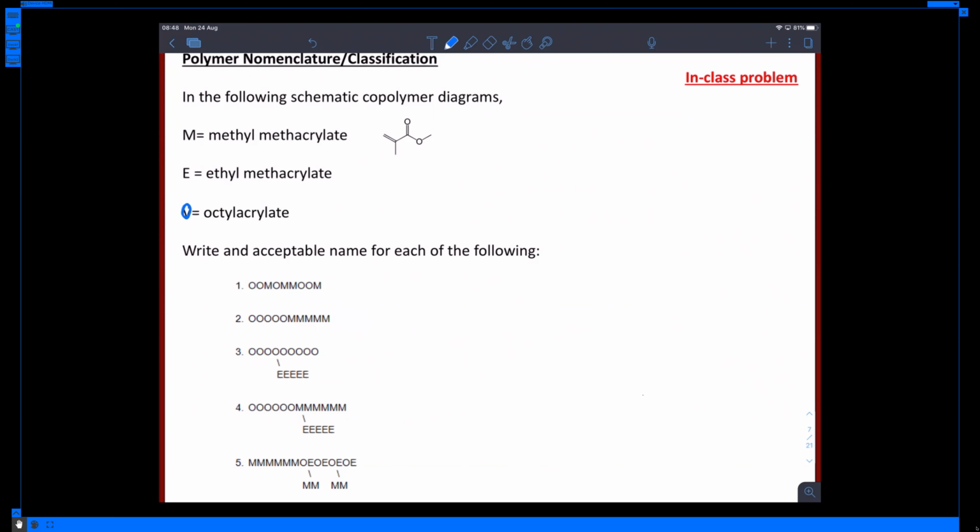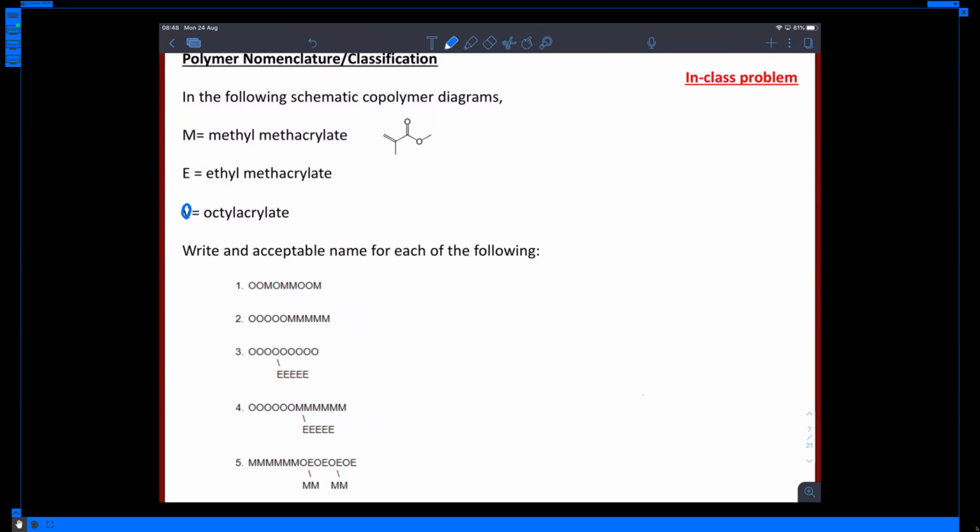About the second one. Yeah, block copoly OM. Third one. Yeah, graft copoly OE. Now, the last two are the most difficult ones for sure.